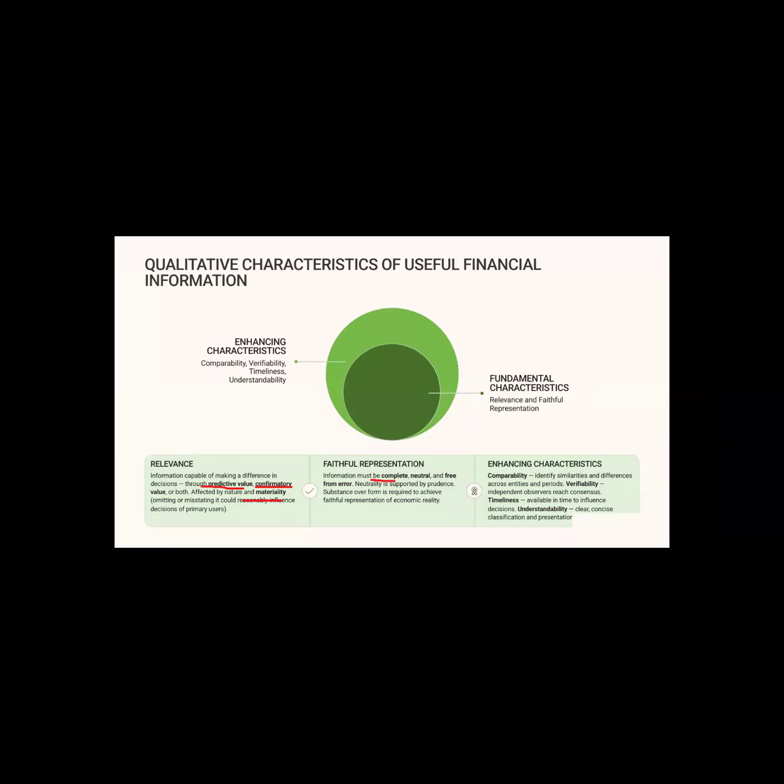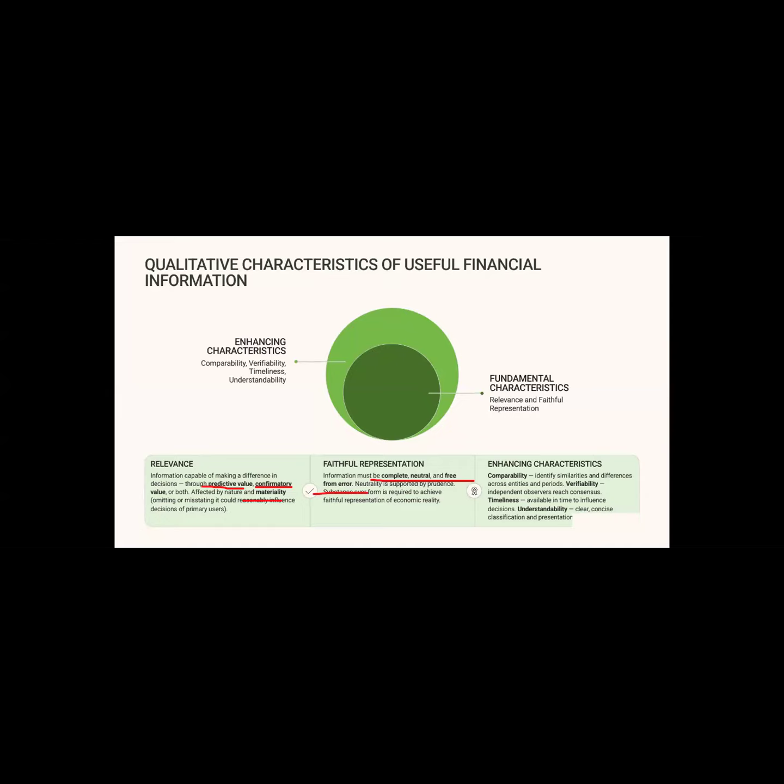If the particular information should be faithfully represented, that should be complete. Now let's say you are providing information that is not complete. Incomplete information is not a faithful representation. So that should be complete.